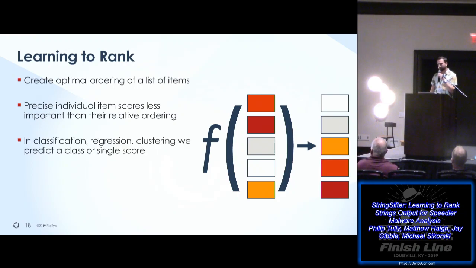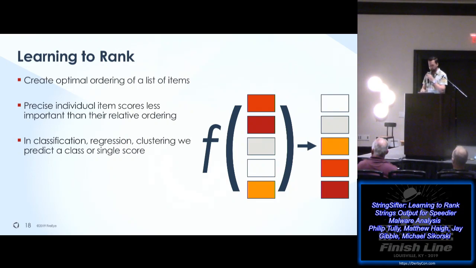The objective here is fundamentally different from more classic tasks, especially in information security, like classification, where you're trying to predict something like whether an email is ham or spam, or regression or clustering. Each of these tasks means that you're assigning a score or a label to one specific item.